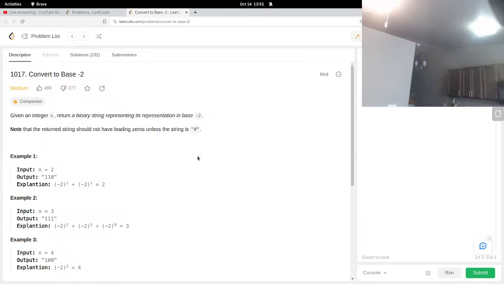And let's say 2 squared is -2 squared. 0 is just 0 times -2 to the 0.